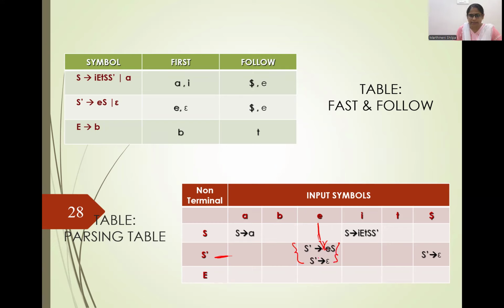There is an ambiguity. Whenever the parser reads the non-terminal S dash and the input symbol is e, there is an ambiguity in choosing between these two productions. Which production is to be chosen to parse the input string? So there is an ambiguity.